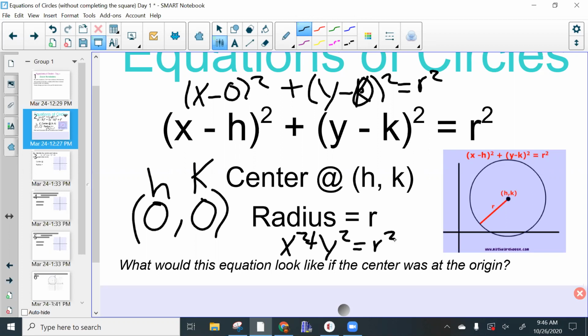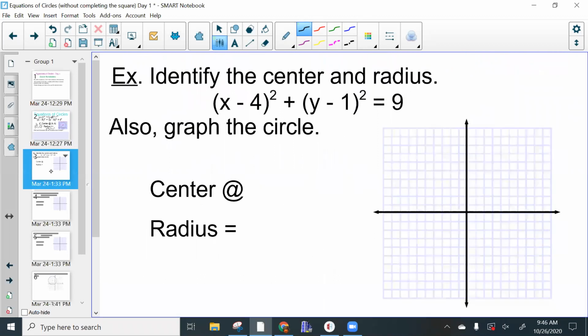So let's go ahead and look at an example. First, identify the center and the radius. Can anyone tell me what the center would be? So what our h and what our k would be? Yeah, so it's at 4, 1. And again, that's just our x and our y coordinate.